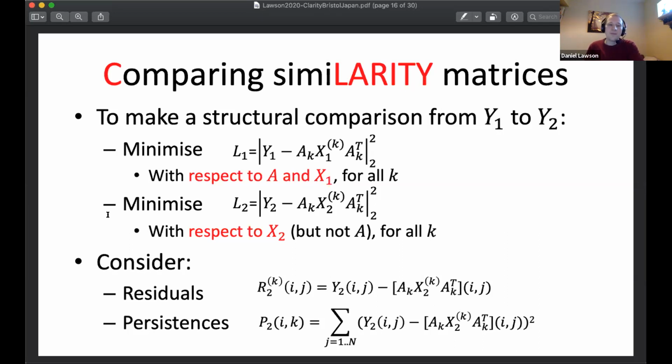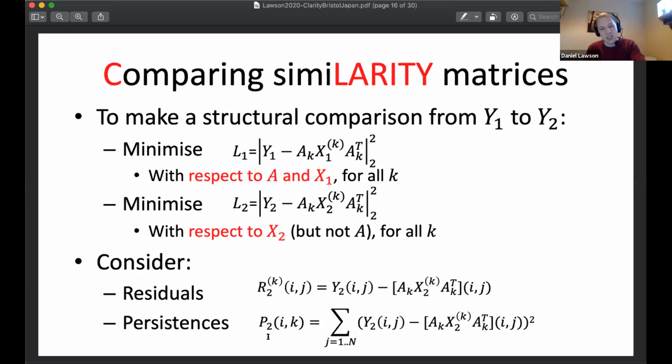And then that's the hard bit done. The rest is just figuring out what the answer means. And unfortunately, that's not trivial either. But the model obviously outputs residuals, that is, how good the model fit is at complexity k, comparing items i and j.